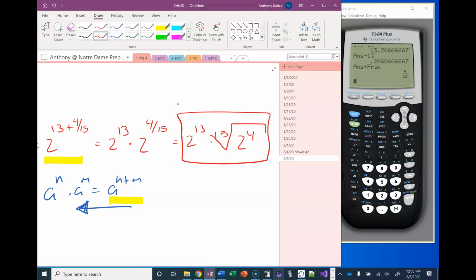And again, if you wanted to multiply those things out, you could. It's just, 2 to the 13th is a pretty big number. I'm not really interested in writing it all down. Writing it in exponential form is fine. But what do you guys think on that one? It's okay?